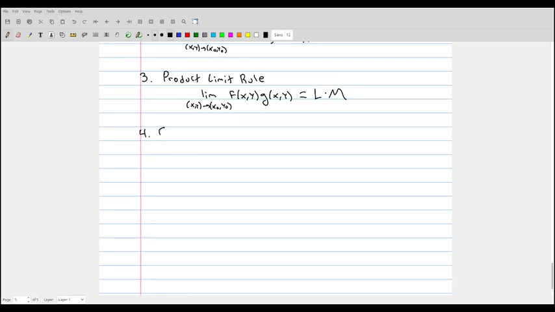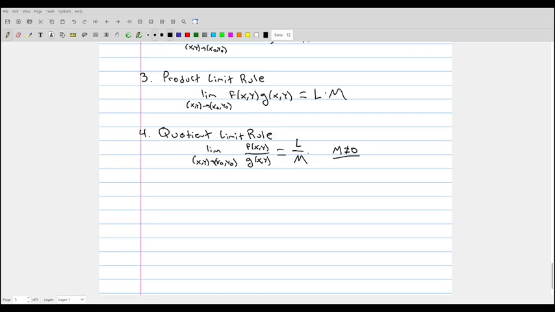The next one is called the quotient limit rule, which says that the limit as you go to a point of the quotient of two multivariable functions is just going to be equal to the limit of the top function over the limit of the bottom function. This is, again, assuming that m is non-zero.